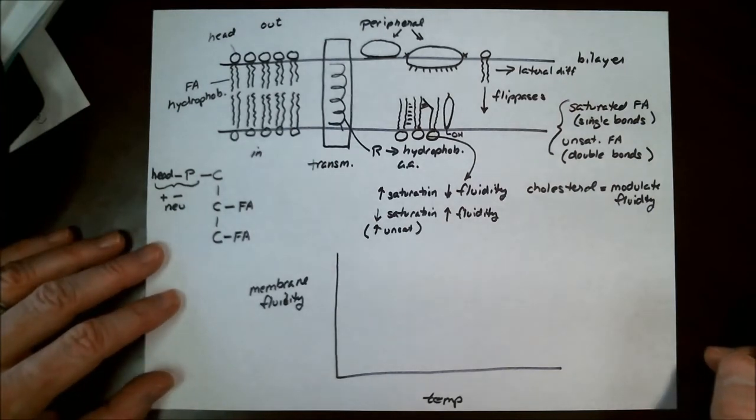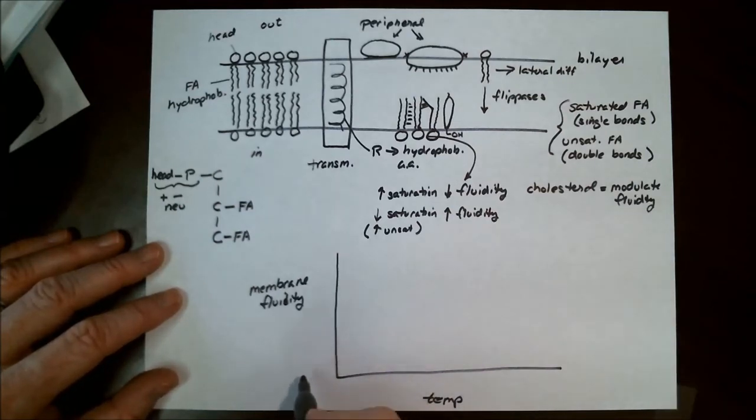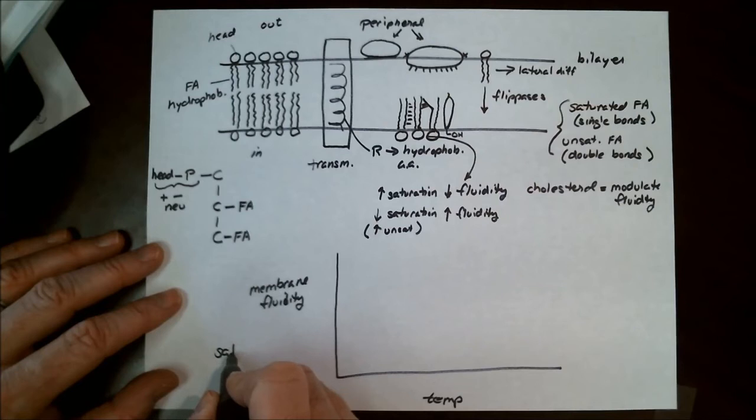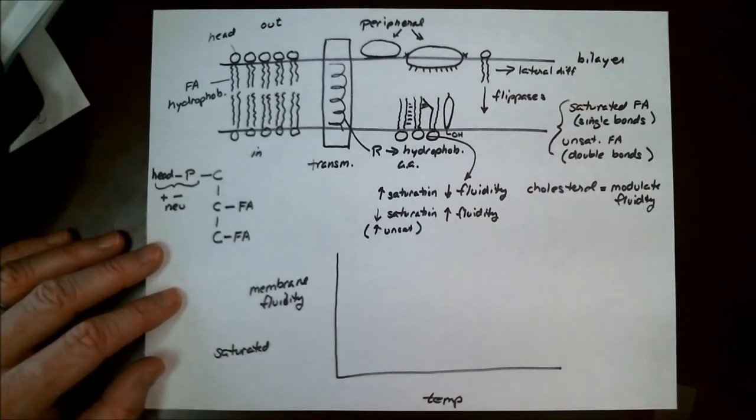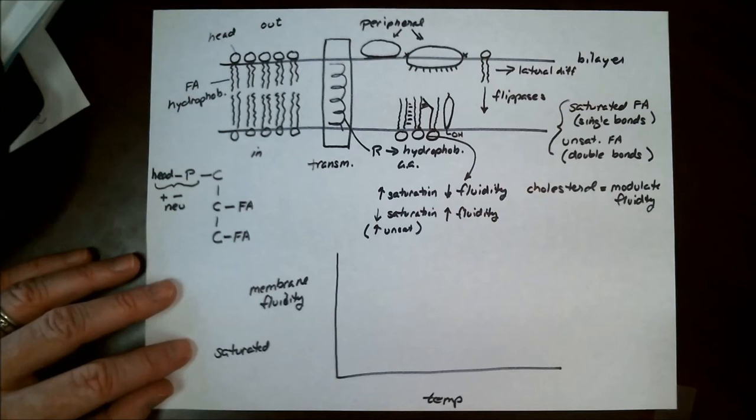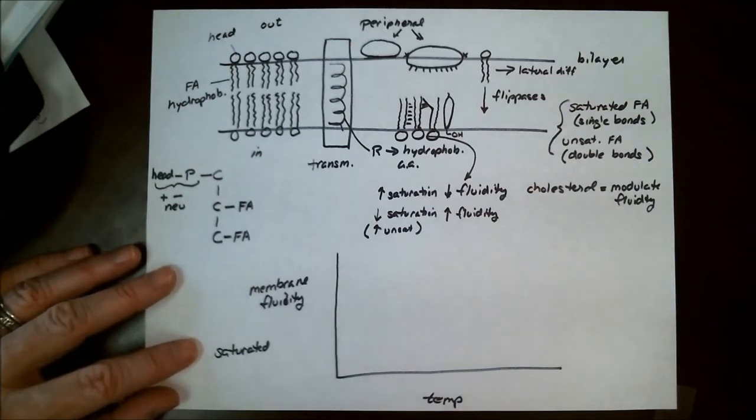And so if we have a pure substance, a pure saturated fatty acid, think back to organic chemistry. When you had a pure substance and you took its melting temperature, you had a very, very sharp transition between the solid and liquid state. That told you that you essentially had one molecular species in the tube.